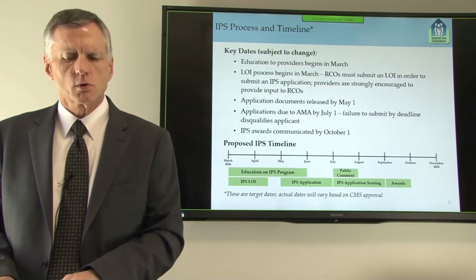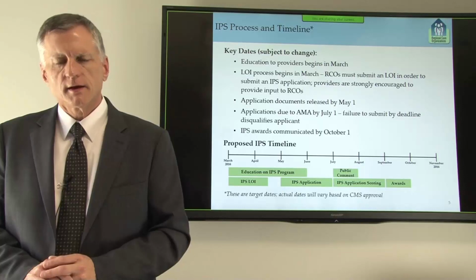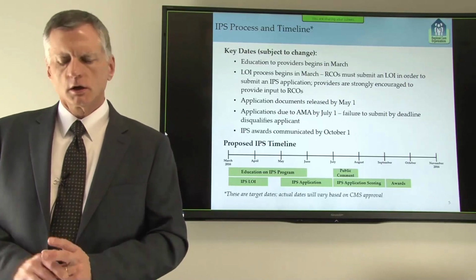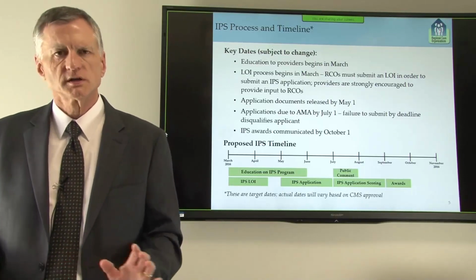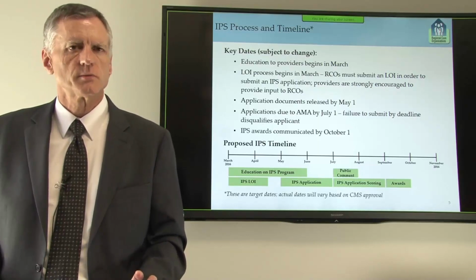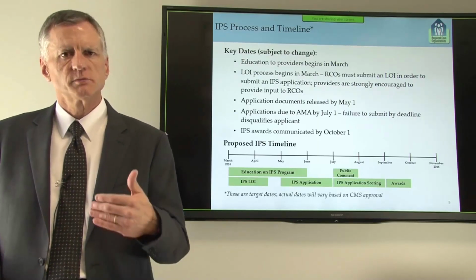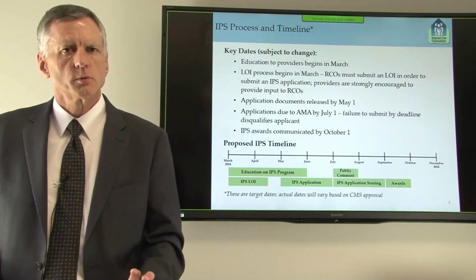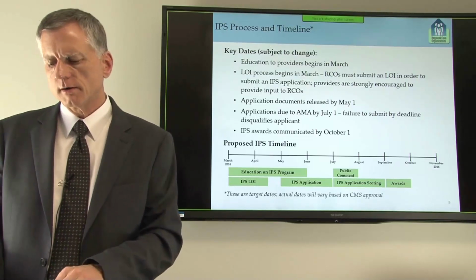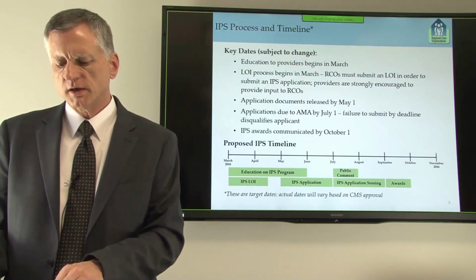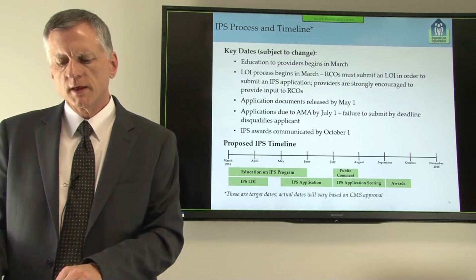The application scoring is a detailed process we're going to talk about in just a bit, and then we anticipate awards during the month of September, with payments beginning to occur in October, and projects being implemented shortly thereafter.